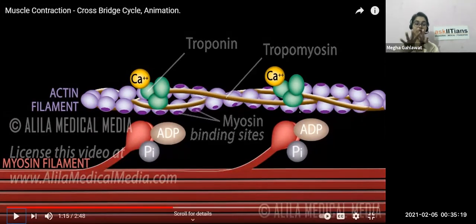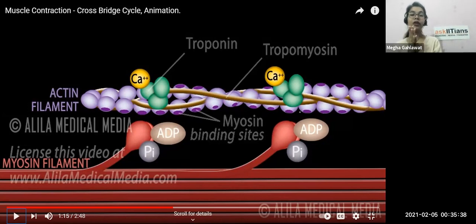Remember that this particular view that you're seeing right now is the view of a muscle fiber under a microscope. The purple colored chain that you're seeing right here is the actin filament, and beneath it, the red colored filament is the myosin filament.